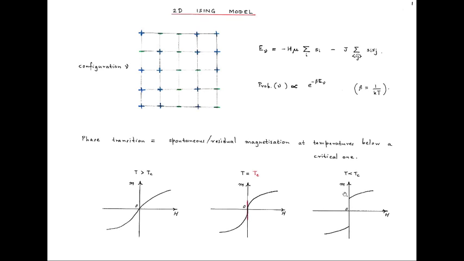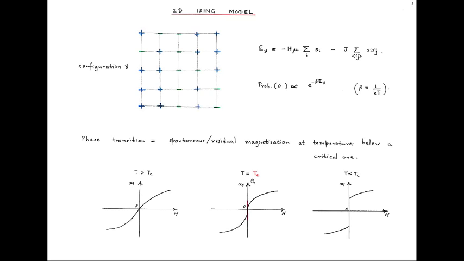But below that critical temperature, when we take the H to zero, we get some residual magnetization. Likewise, when we take the H to zero through negative values, we get a residual magnetization also. So this is called spontaneous magnetization. And this is what is meant by the existence of a phase transition, that there exists such a critical temperature.